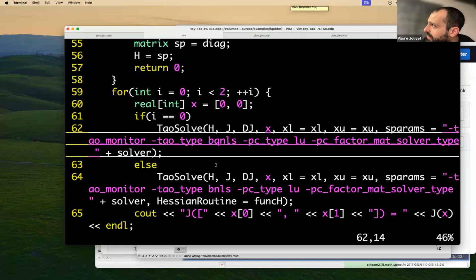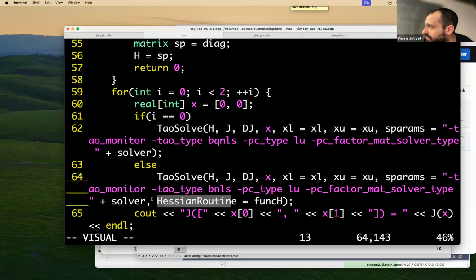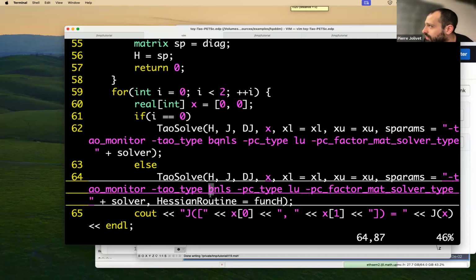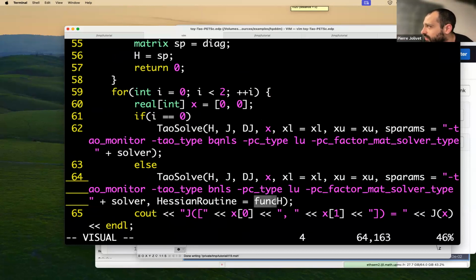Here, for example, this is a quasi-Newton method, so we don't provide the function for the Hessian. And down below it's a true Newton method, and so we provide the Hessian of the cost function. So you have the option to either provide the Hessian or not.